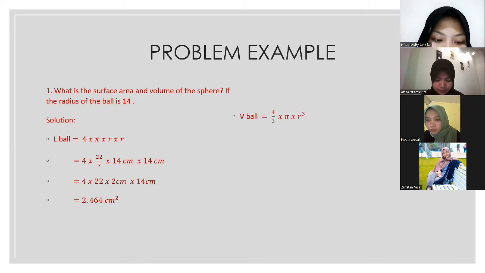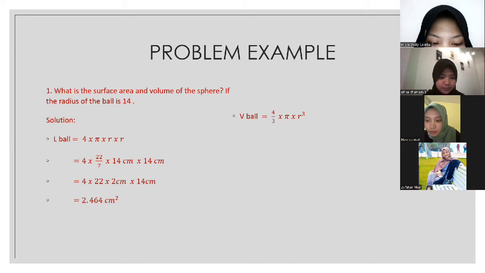Now, we find the volume of the sphere. Does anyone know the formula for the volume of a sphere? I am, ma'am. Yes, Hasna. I think the formula for the volume of a sphere is 4/3 multiplied by pi times the radius cubed. Good job, Hasna. Thank you.